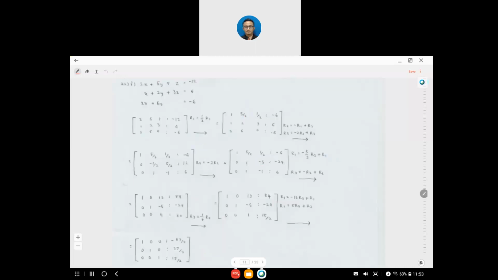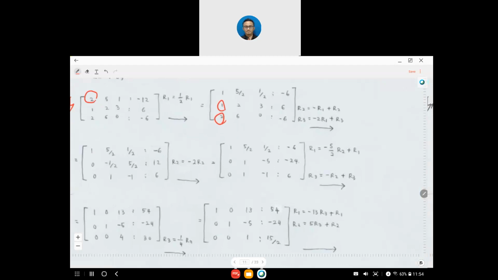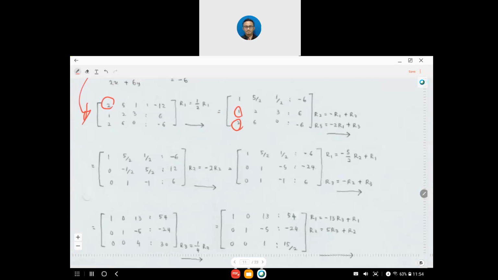Okay, question F. Also same thing. Change to the augmented matrix. Okay, and then you want to change this one become 1, also can. So I did it like this to make it easier. And then next, you want to change become 0. Okay, so you can get this matrix.